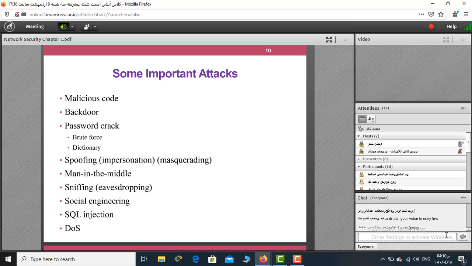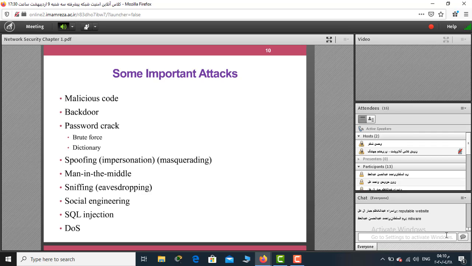The general term for these is malware. We have software, hardware, and here malware. Malware means a bad program, including virus and so on.